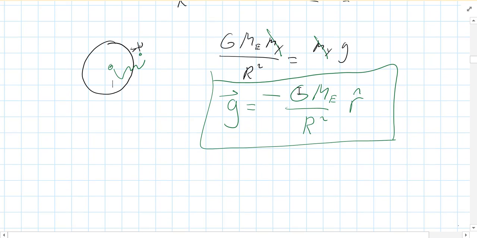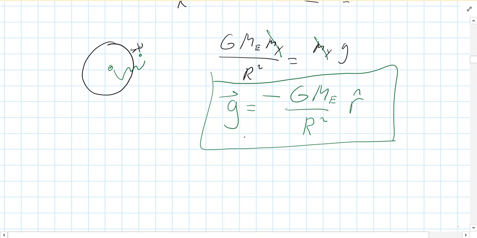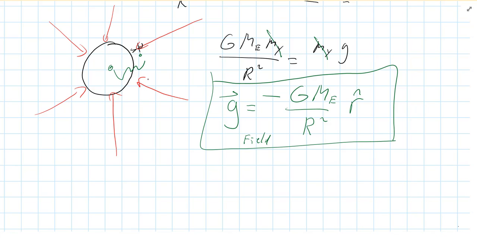Now, by the way, the one other thing I'll mention is this is actually called a field. That acceleration of gravity, it's all around the Earth. And we'll talk more about field theory when we talk about second semester in electricity and electric fields and magnetic fields.